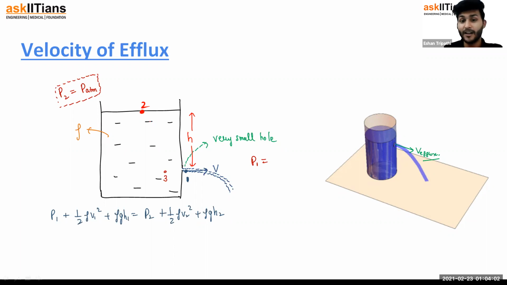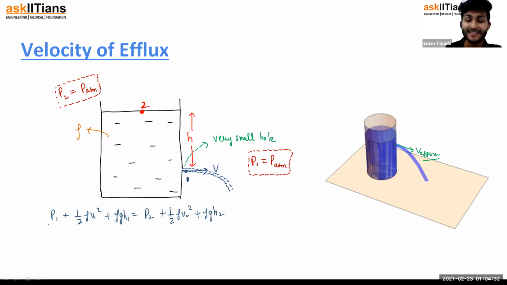You are thinking pressure will be P atmosphere plus rho g h because of the liquid present above it. No, you're talking about the point which is present inside the container. Think, when it has actually come out over here, then what is the pressure? When it has come out to the atmosphere, it has been exposed to the atmosphere, and pressure at point 1 is atmospheric pressure only.